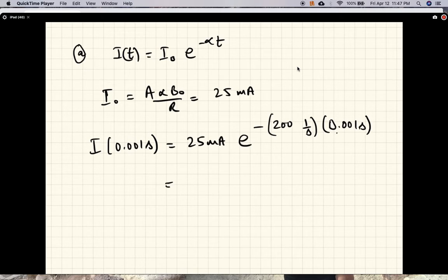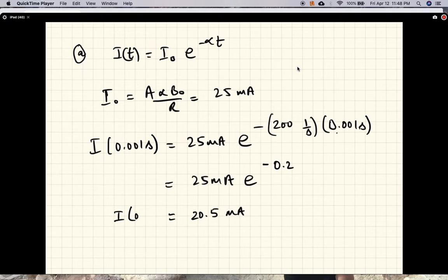So this is equal to 25 milliamps times e to the power minus 0.2, and this works out to 20.5 milliamps.